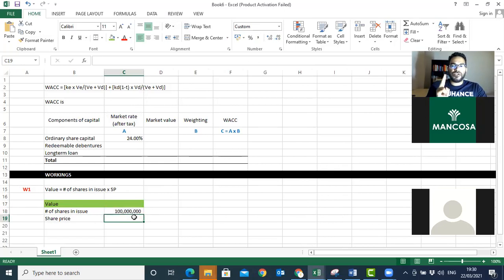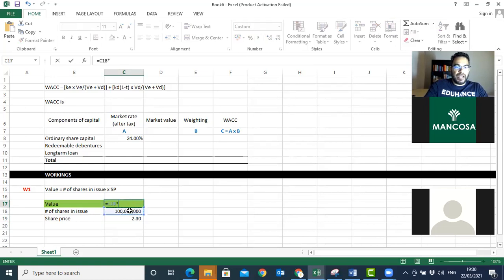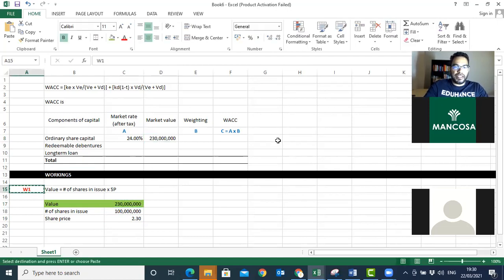Share price is 230 cents, so this is 230 divided by 100 to convert it into rands, which is basically 2 rand 30. So number of shares multiplied by share price, remember it's the current share price, gives my market value. So I'm going to say equal to 230 million. We're happy with that. Where did I get it? In the event it is wrong, I got it from working one.